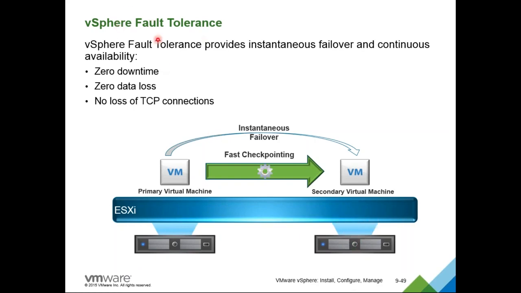But with vSphere fault tolerance, if any hardware event happens on your ESXi host which has the fault tolerance feature enabled, the virtual machines are protected on the same configuration ESXi host in another location, another data center, or the same data center.